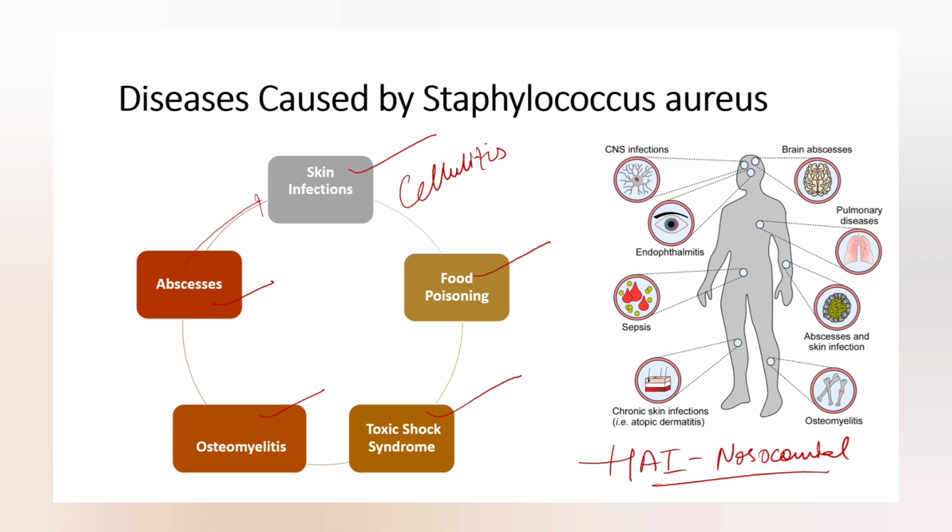Abscess ultimately is a part of skin infections. Sepsis, CNS infections such as meningitis, brain abscess, endophthalmitis, osteomyelitis, chronic skin infections, as well as serious infections such as endocarditis can be caused.